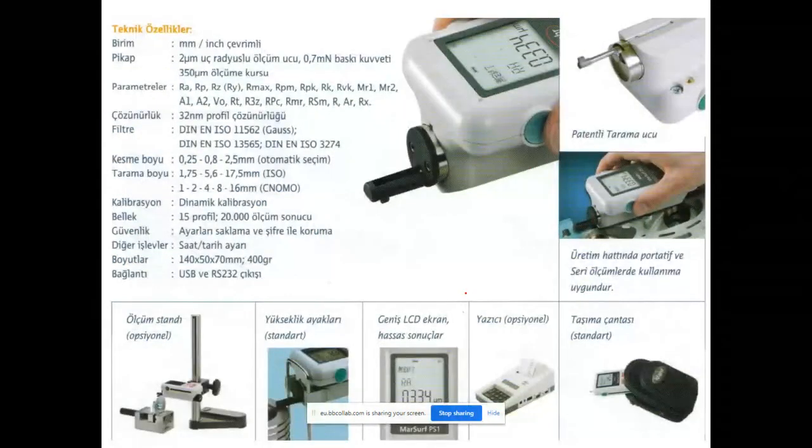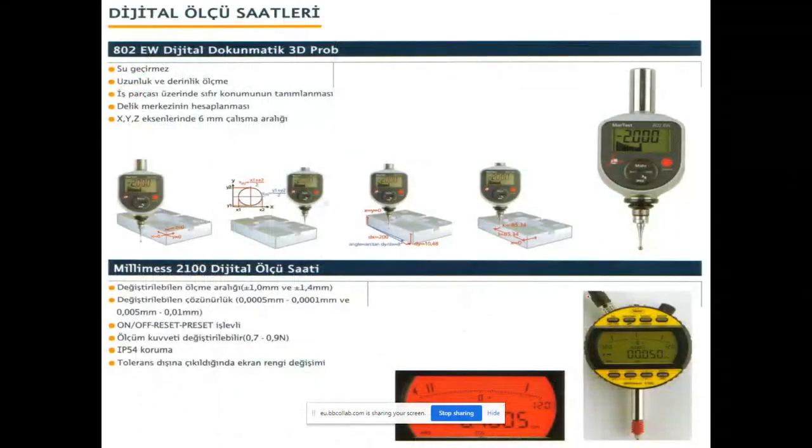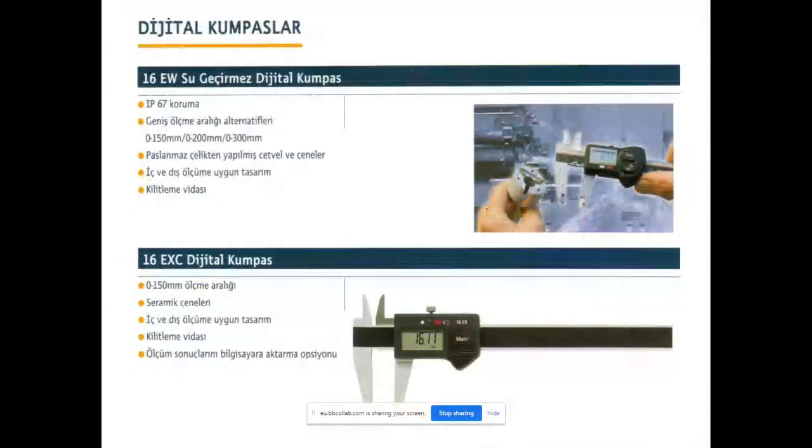Again, a sophisticated, expensive instrument. Well, these are dial gauges. Using a dial gauge, we can measure a minimum distance of 0.01 millimeter, not an infinite number of figures.